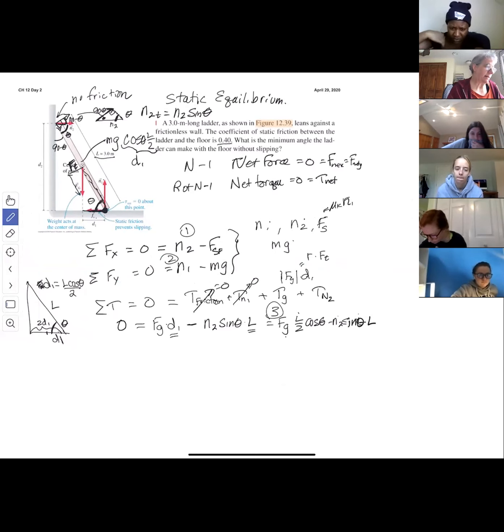We're trying to find theta. Okay. Is there anything we can do here that would get rid of some things? Maybe like solve for N2 and then substitute cos theta over sine theta was 1 over tan theta.